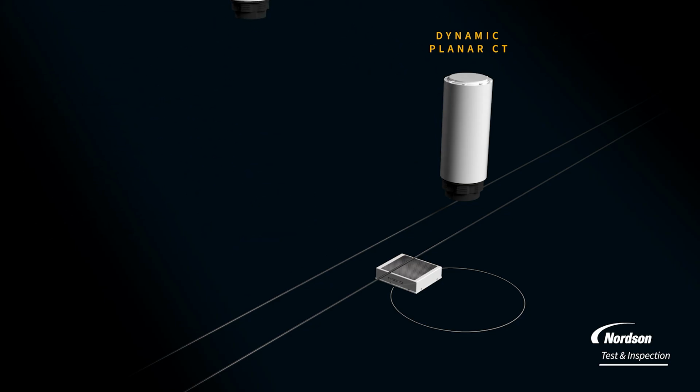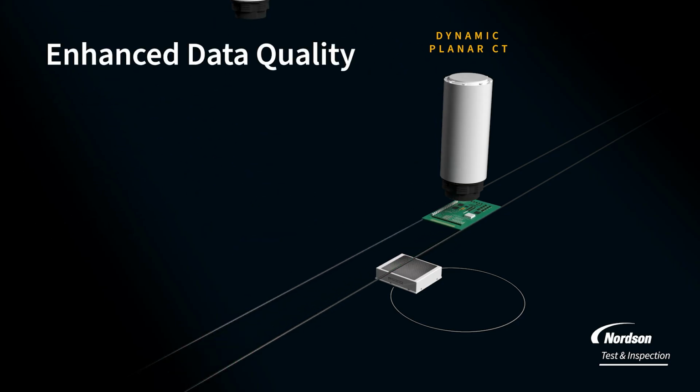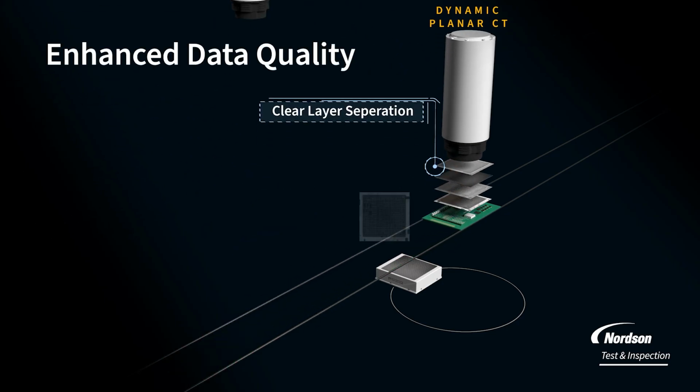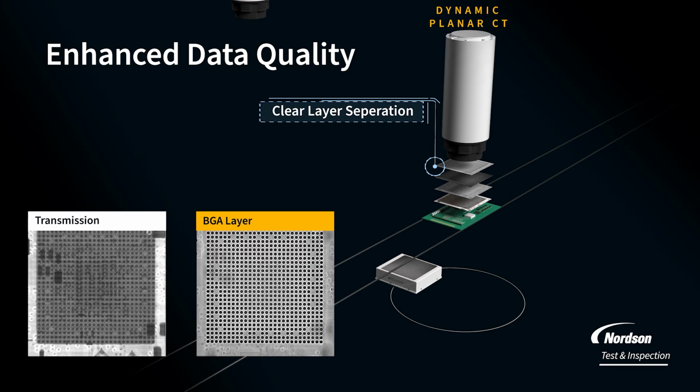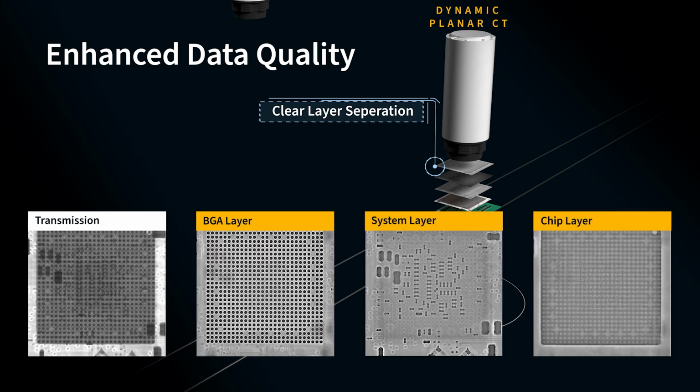Now you talked about planar CT. Can you explain a little bit deeper how that works compared to other types of systems? Absolutely. So planar CT is typically used on a planar object, which is very thin, very flat, like a PCB, for example, or a semicon strip.